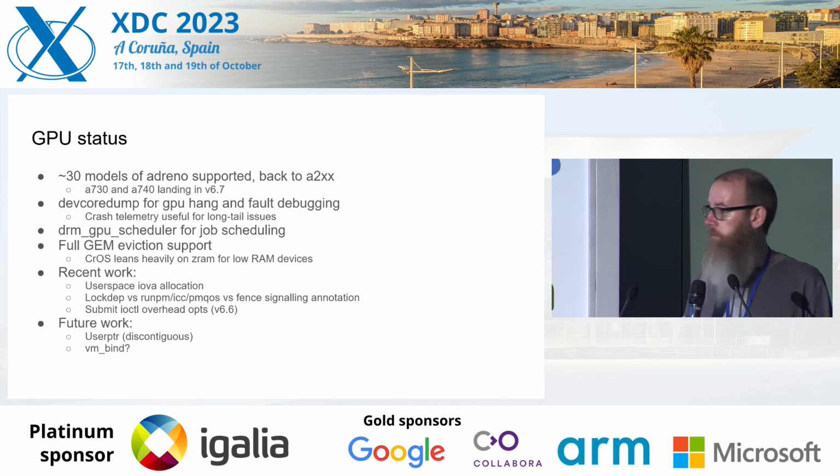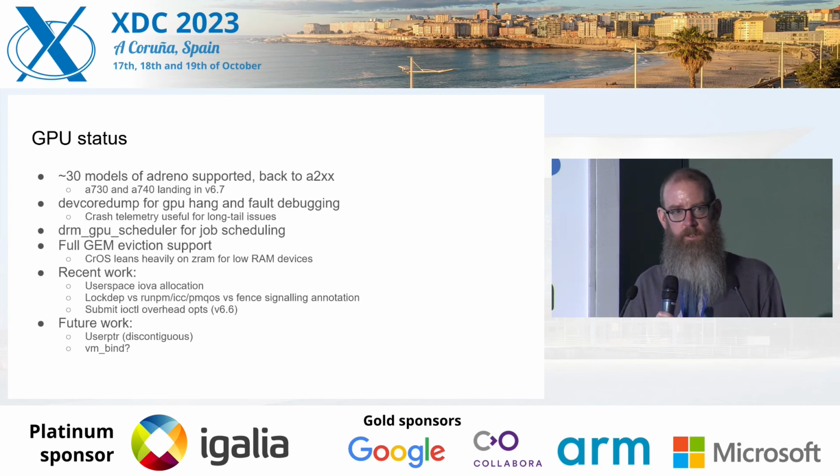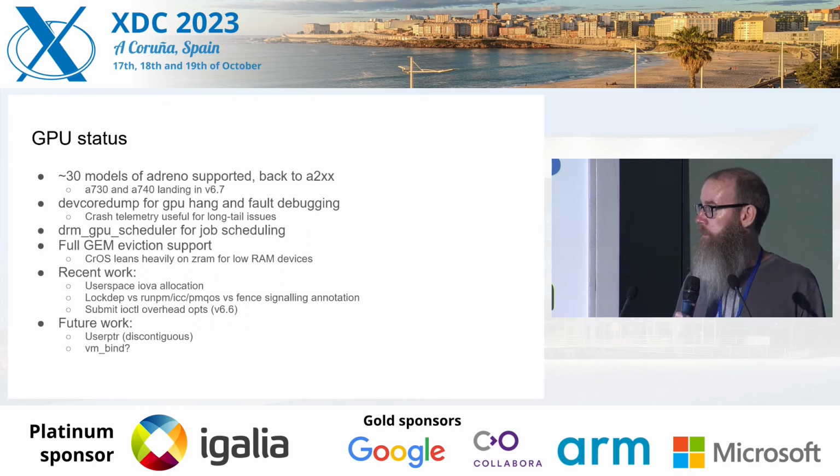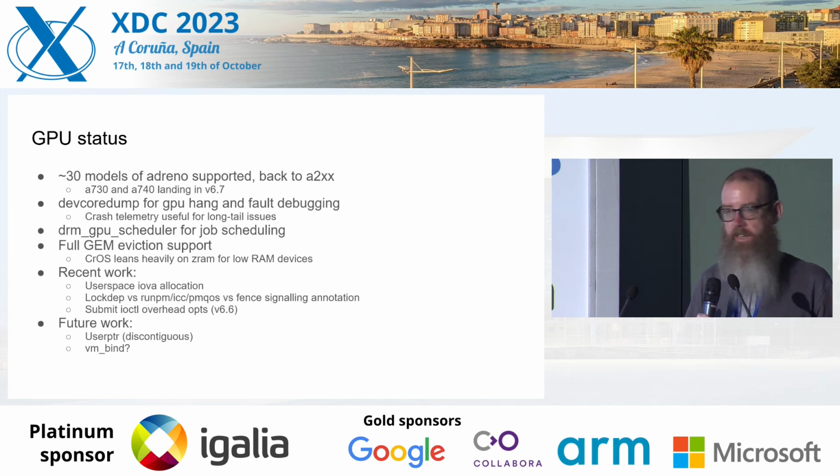The reason that's important is that Chrome OS tends to make inexpensive devices which don't necessarily have a lot of RAM, and Chrome OS leans pretty heavily on ZRAM swap to make that work.